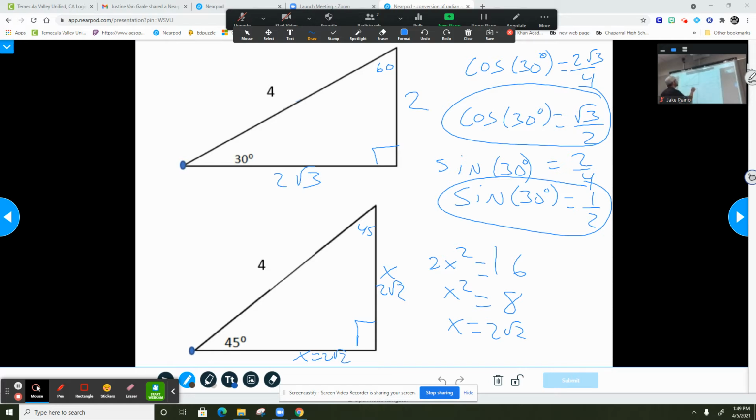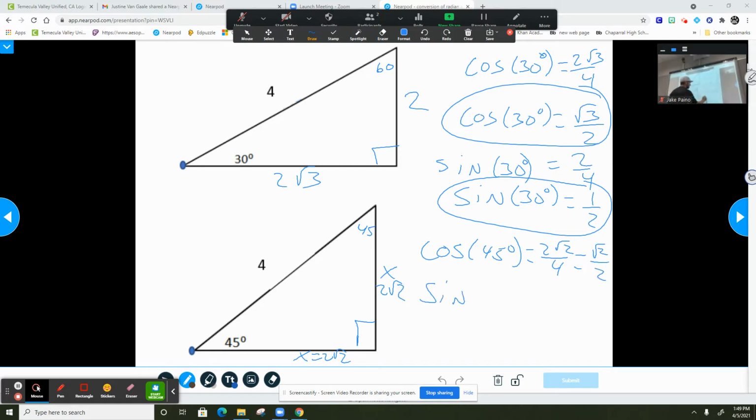All right, so with that being said, let's get some room to work here. Cosine of 45 degrees. Okay, adjacent over hypotenuse, that's 2 rad 2 over 4, just reduces to rad 2 over 2.